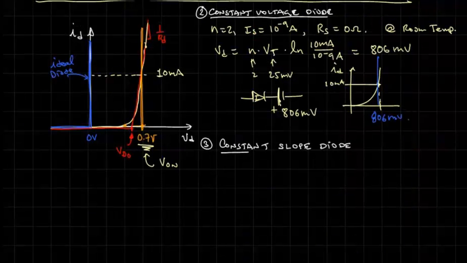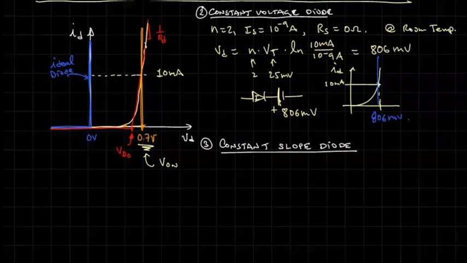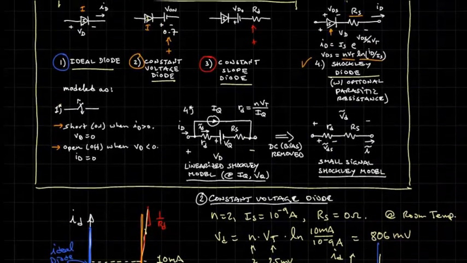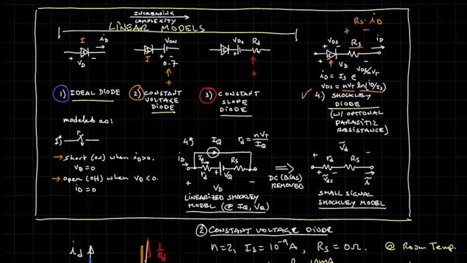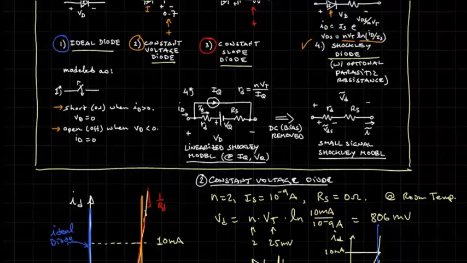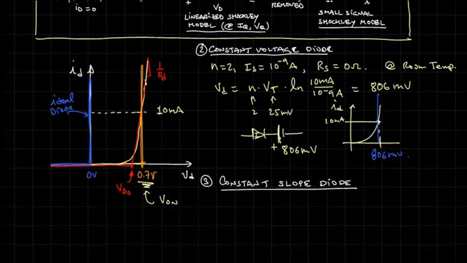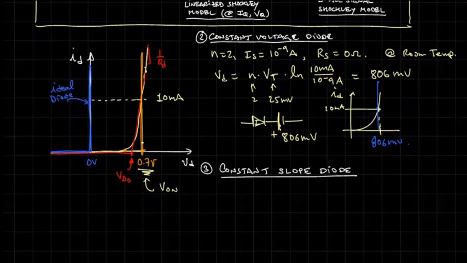Let's now look at the constant slope diode. In this case, we are looking at the model that includes a resistance RD. If we look at our diode IV curve, it corresponds to the red line here, where we still intersect at our operating point, but then we actually want a finite slope rather than a vertical slope.